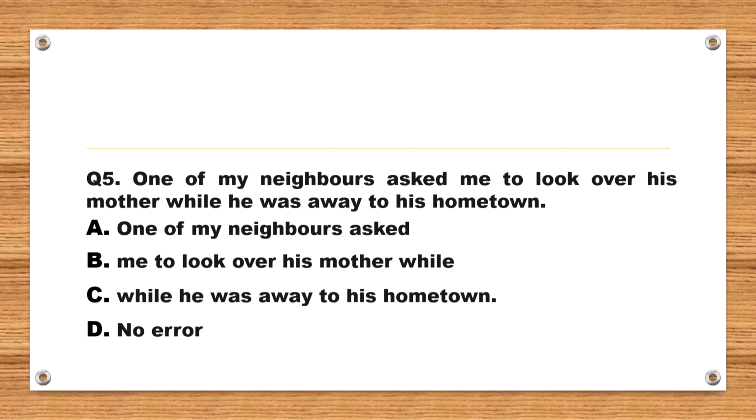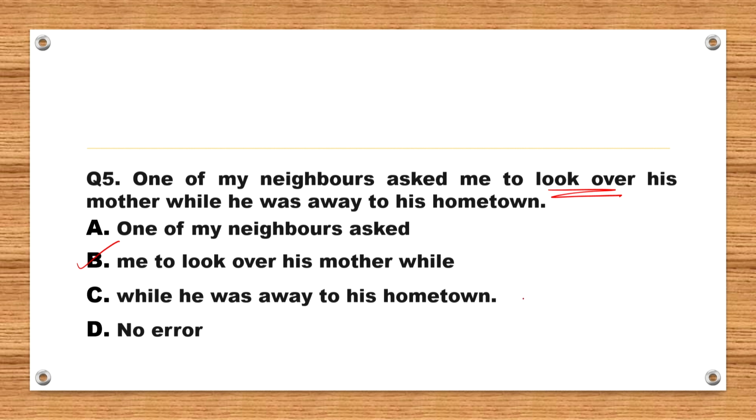So, is it done? Let's tally. One of my neighbors asked me to look over his mother while he was away to his hometown. So, the grammatical error lies in option B. Basically, the error is in the phrasal verb look over, which means to inspect or examine something, especially in a cursory way.